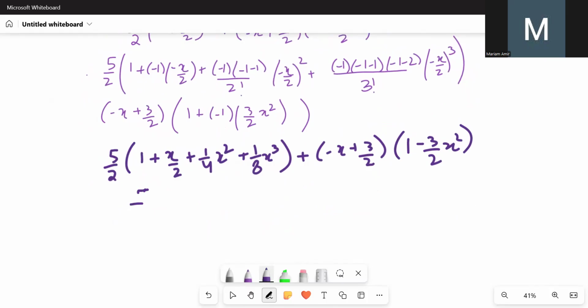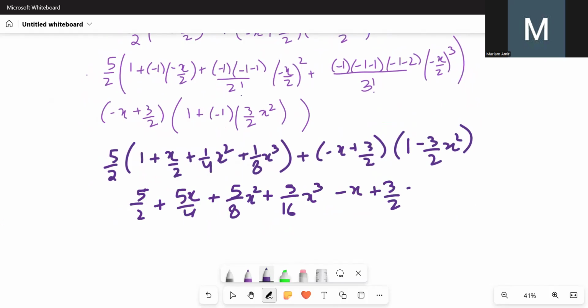Okay, now completely expand it and then collect the like terms. 5 by 2 plus 5x by 4 plus 5 by 8 x squared plus 5 by 16 x cubed, then minus x plus 3 over 2 x cubed plus 3 over 2 minus 9 over 4 x.